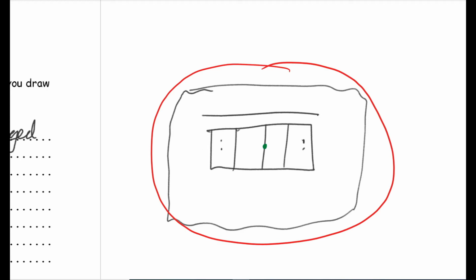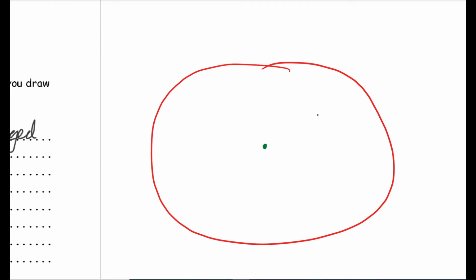So if we take all this away here, that green dot in the middle is the nucleus, and everything inside the red circle is the atom. What you've got flying around inside the atom, of course, are tiny little electrons that go around the outside.